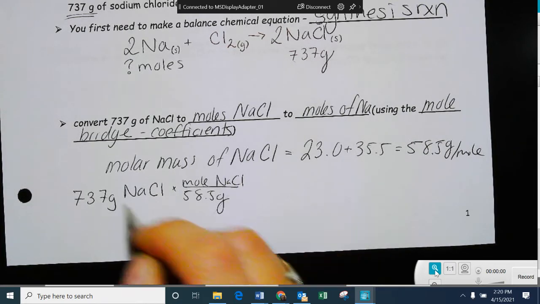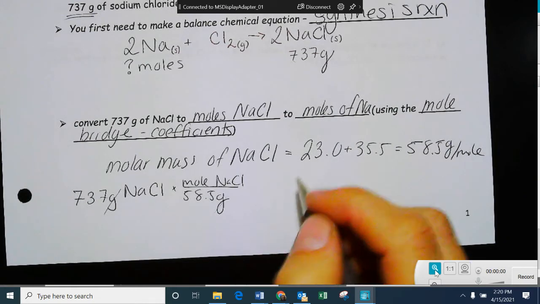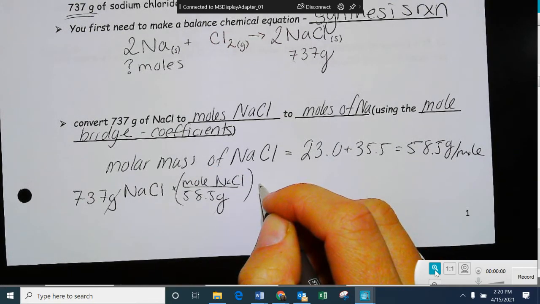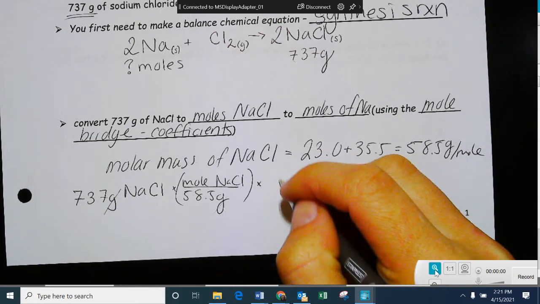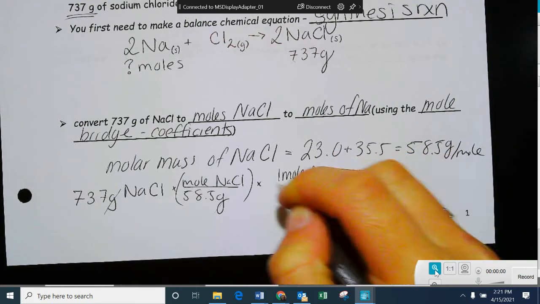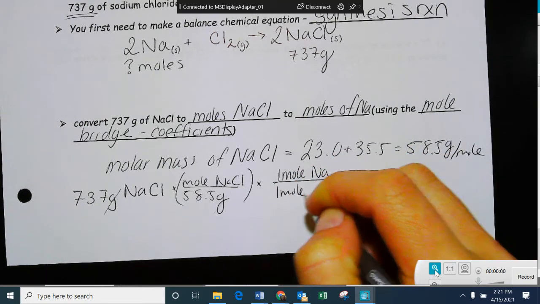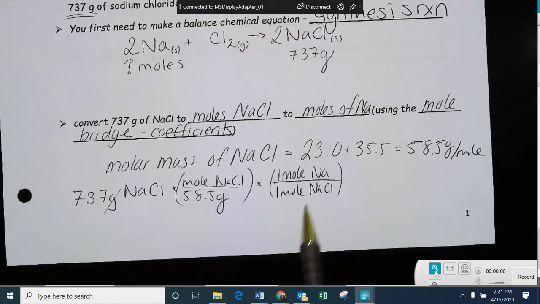That's canceling out my grams and just leaving me with moles. And then I've got a 1-to-1 ratio. So for every 1 mole of sodium, there's 1 mole of sodium chloride. That gets rid of my moles of sodium chloride and turns this into moles of sodium.